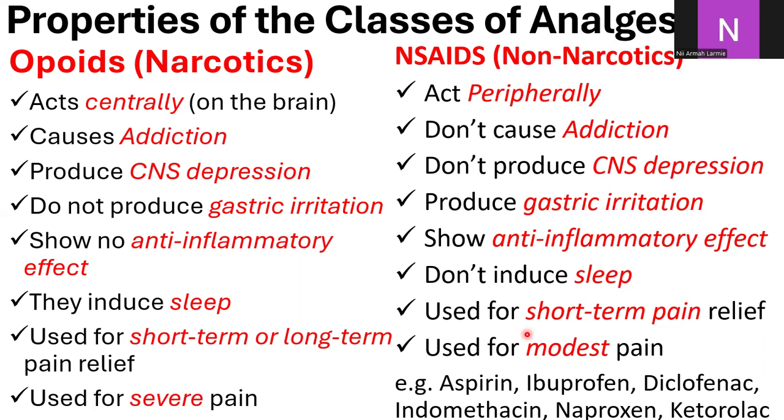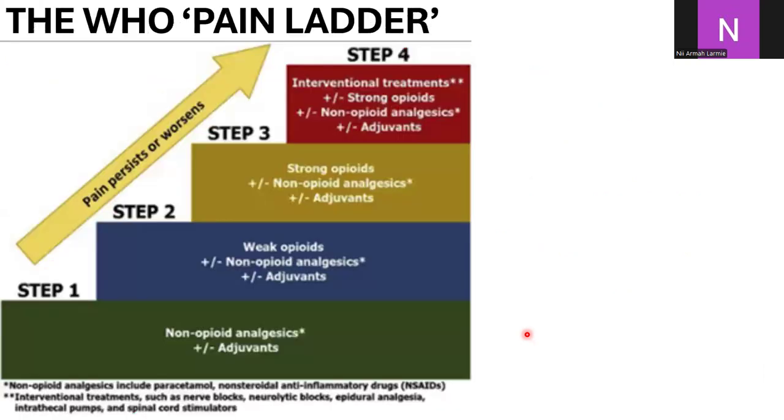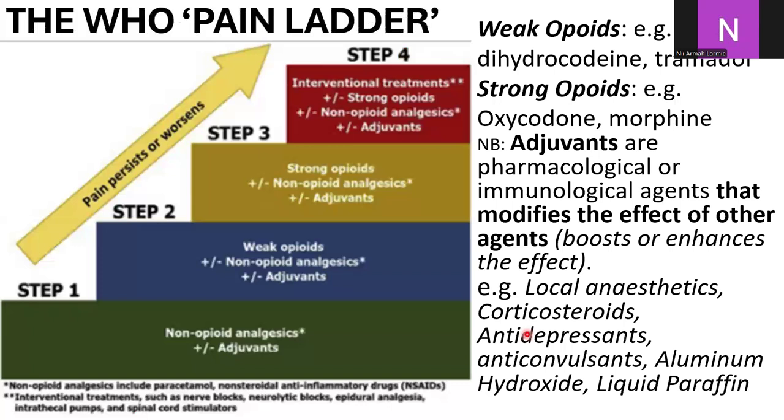Now, how do we use these pain medications for these types of pain? Here we are looking at modest pain, moderate pain, severe pain. According to the World Health Organization, this is what is known as the WHO pain ladder.